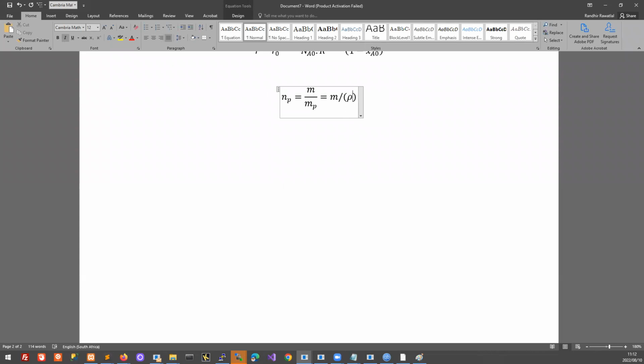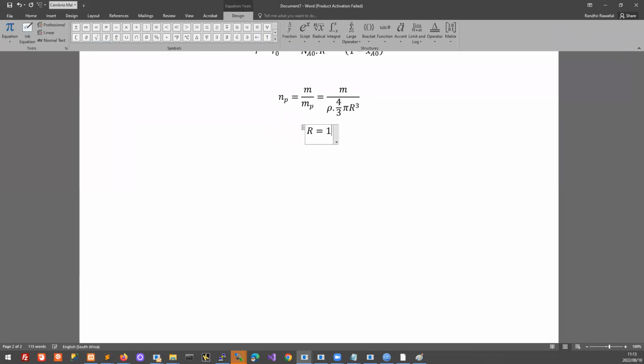So for a sphere, your volume is 4/3 pi r cubed, right? And well, we used capital R for the radius, and we know the radius is 1.25 centimeters, or 1.25 times 10 to the minus 2 meters, right?